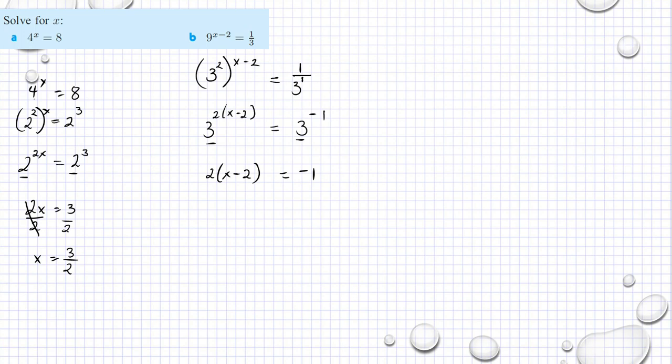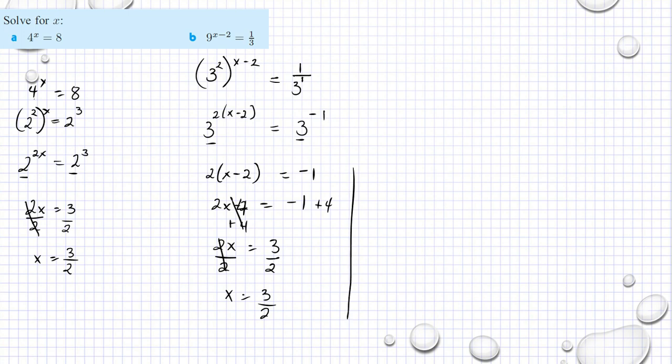Either you multiply or you divide. It doesn't matter. I will show you both. I will distribute first. That is 2x minus 4 is equal to negative 1. Plus 4 on both sides, then this is 2x is equal to 3. And then divide by 2 again. Then we have x is equal to 3/2. The same there. Can we do that with another solution?